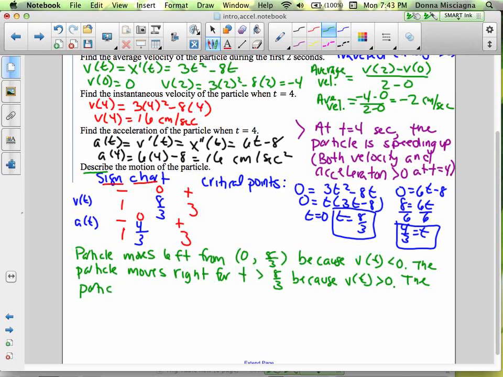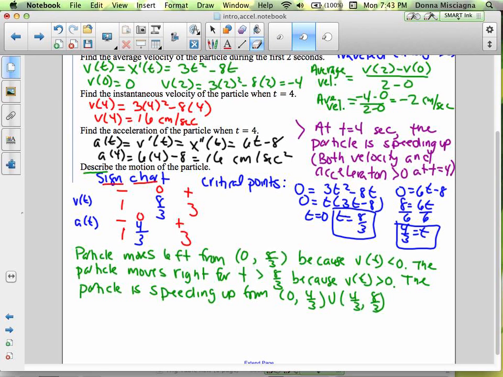The particle is speeding up from 0 to 4/3, 4/3 to 8/3, and t greater than 8/3.